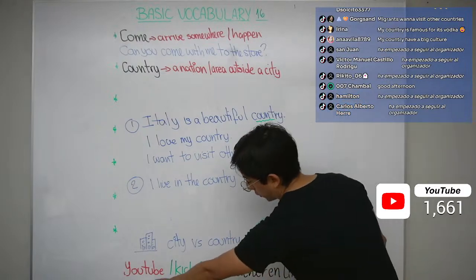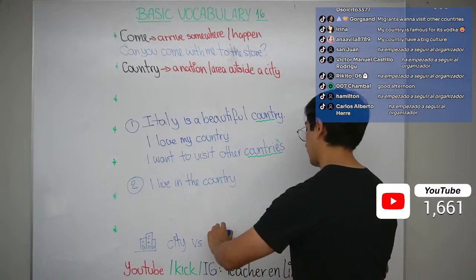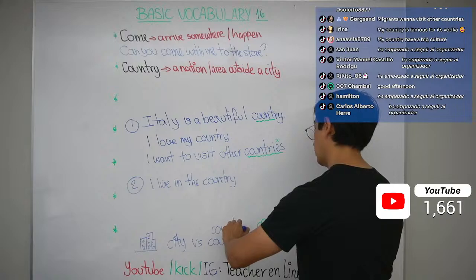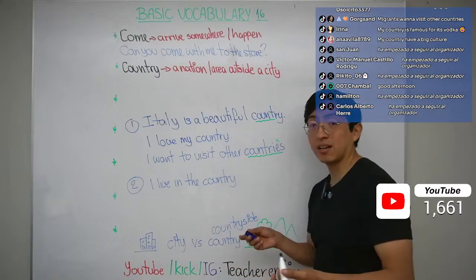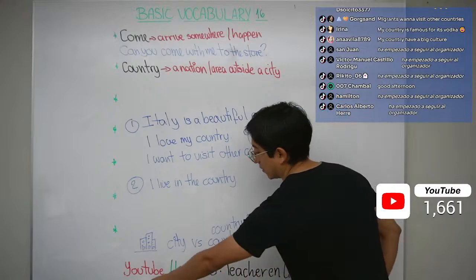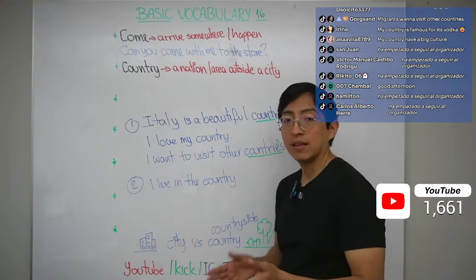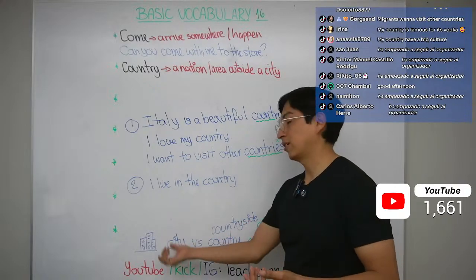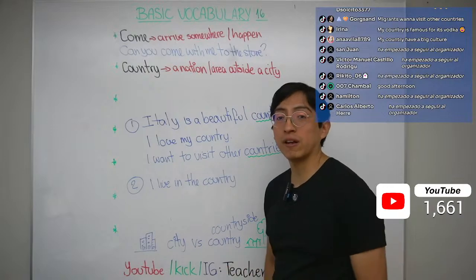Or other name that it has is countryside. So guys, where do you like to live? Do you prefer the city or the country? Which place would you like to live or to spend more time in, the country or the city? Which one do you prefer?